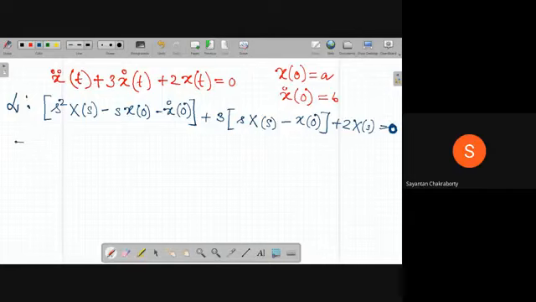So taking into account the initial conditions, we get the X(s) to be as plus 3a plus b.